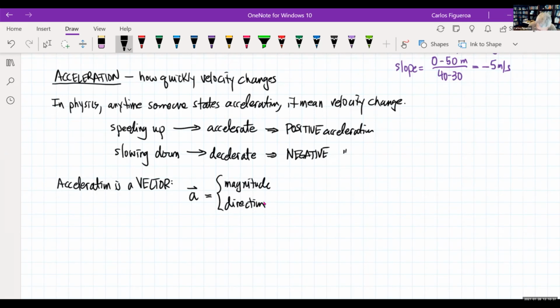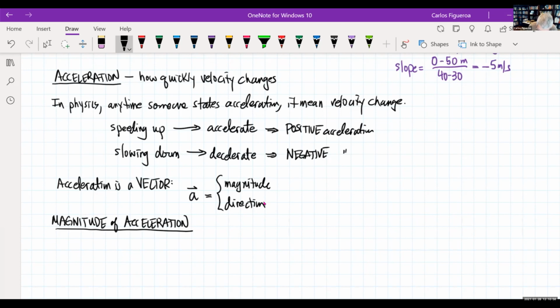Okay, so let's talk about the magnitude of the acceleration. Acceleration is how quickly velocity changes.